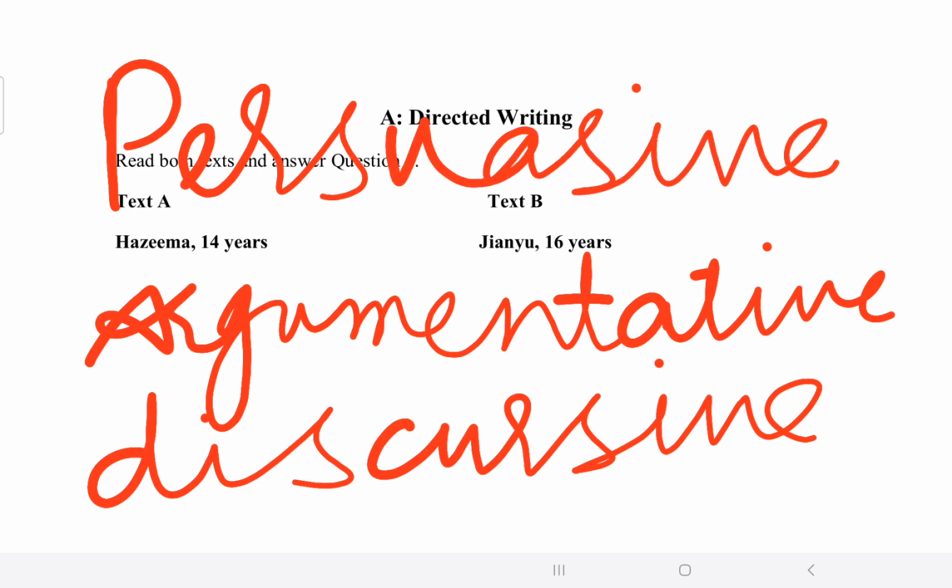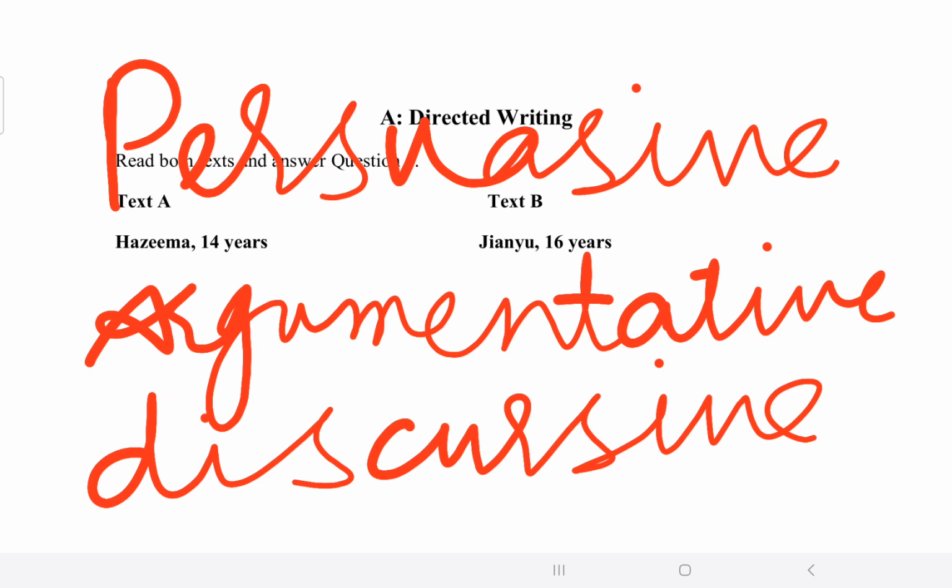It means that you are going to argue about something, you have to persuade someone, or you just have to discuss something by being neutral. In persuasive and argumentative tasks, you must be opinionated, you must come up with a very strong opinion, you take one side and refute or reject the other side.